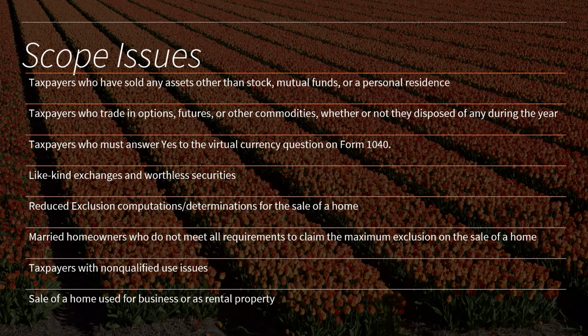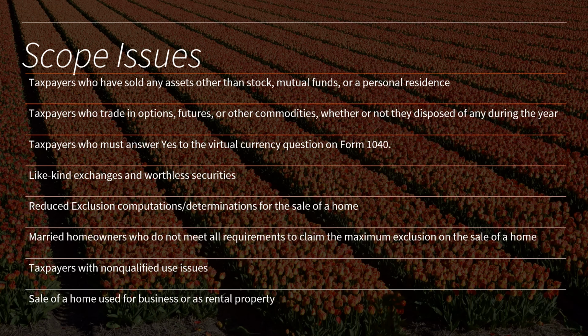Speaking of scope issues, we do have quite a few scope issues in regard to the sale of assets. So taxpayers who have sold any assets other than stock, mutual funds, or a personal residence need to be seen by a paid professional. Taxpayers who trade in options, futures, or other commodities, and it doesn't matter whether they disposed of them during the year, it's enough that they trade in them.